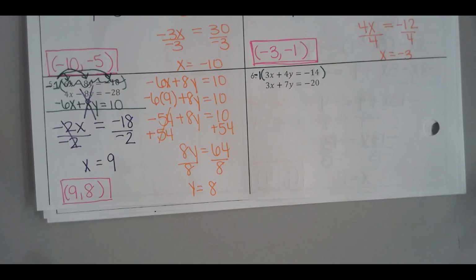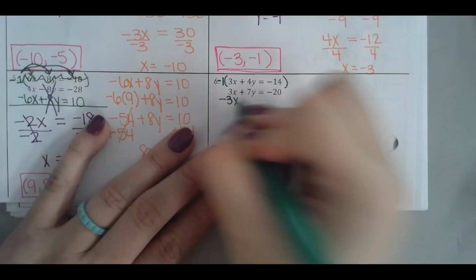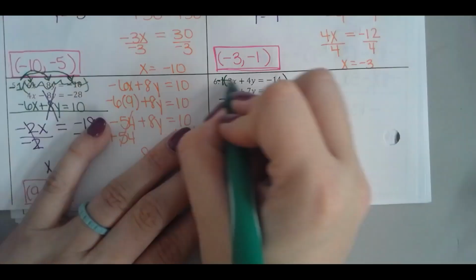So I'm going to multiply everything in the top one by negative 1. Negative 1 times 6. Negative 1 times y is what? Negative 4y. And negative.